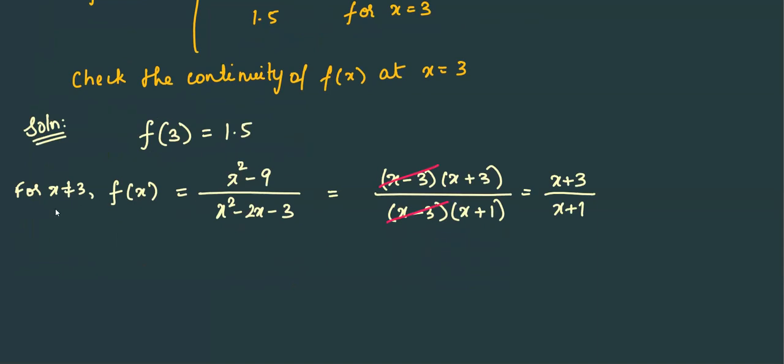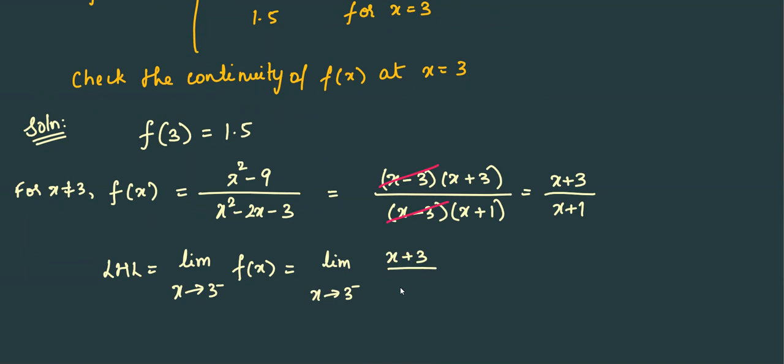So this will be your function. Is it continuous at 3? Let us see. The left hand limit, limit x tends to 3 minus f of x, is equal to limit x tends to 3 minus x plus 3 by x plus 1.